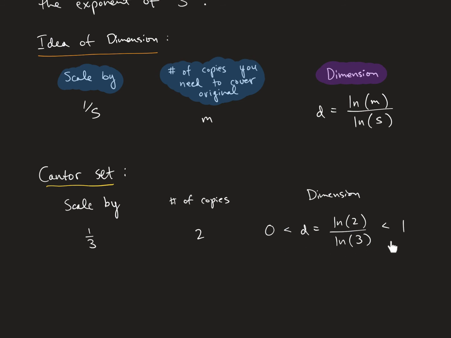So this is one sense in which the Cantor set falls strictly between a point and an interval. As a cardinality, it has the same cardinality as the interval. Its size or its length is comparable to a point, so it's more like dimension 0. But the actual dimension, if you work through all of the definitions, you can show that it really does come out to be this number, ln of 2 over ln of 3.